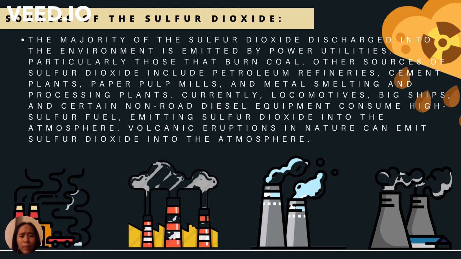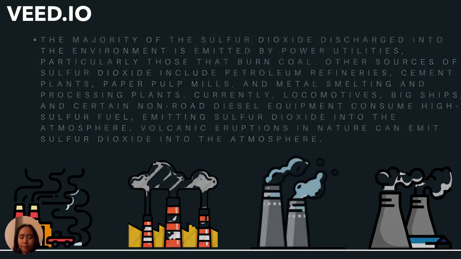Currently, locomotives, big ships, and certain non-road diesel equipment consume high sulfur fuel, emitting sulfur dioxide into the atmosphere. Volcanic eruptions in nature can also emit sulfur dioxide into the atmosphere.